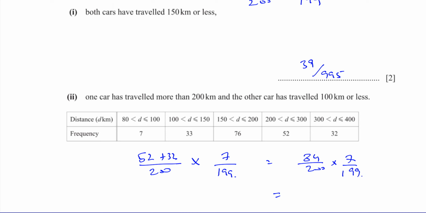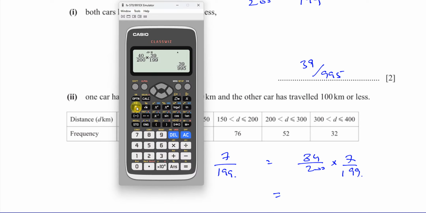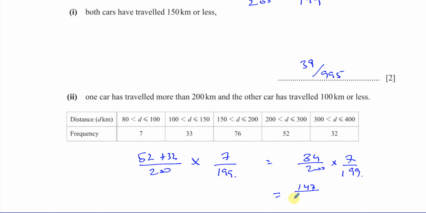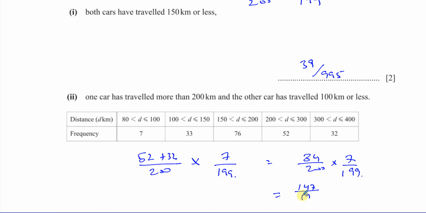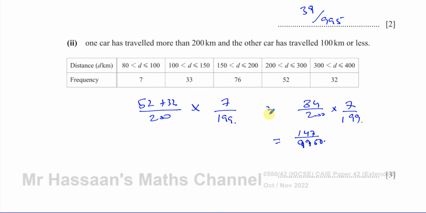Let's see what that gives us. 84 over 200 multiplied by 7 over 199 gives us 147 over 9950. So there we have our answer for part 2 as well.